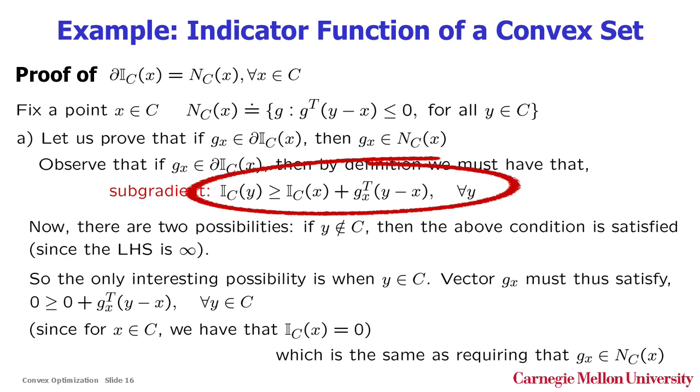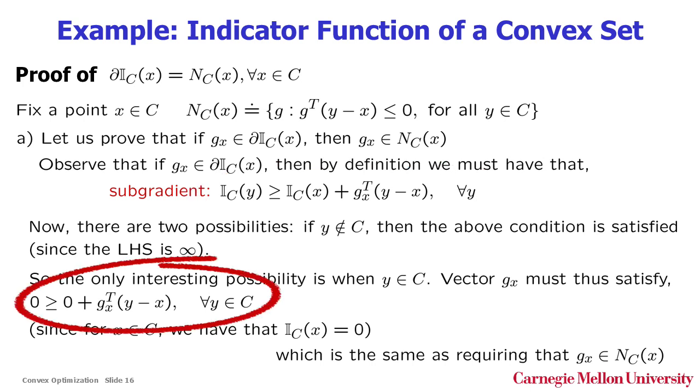If y is in set C, then the indicator function value there is 0. By our assumptions, x is in set C, and therefore the indicator function value there is also 0. Thus, gx has to satisfy this inequality, that is, gx transposed (y minus x) has to be 0 or negative for all y in set C. This is just the definition of the normal cone, so gx has to be in the normal cone. That is what we wanted to prove in part 1.